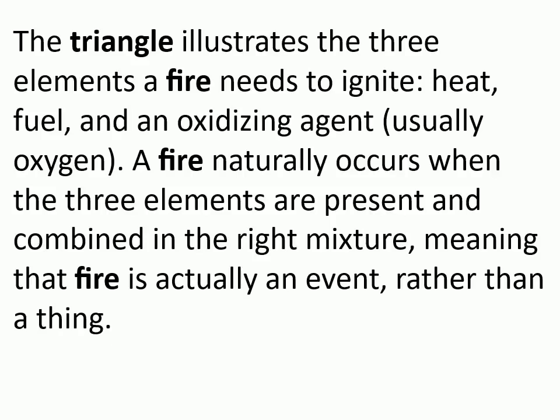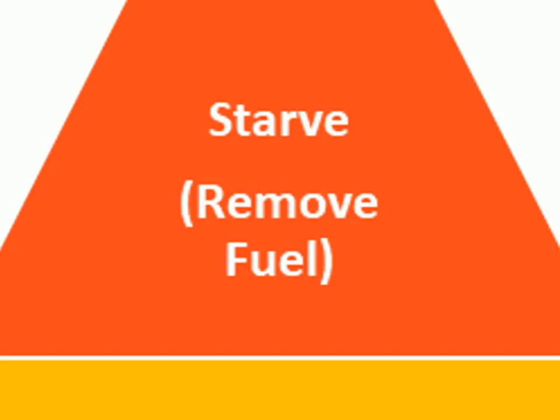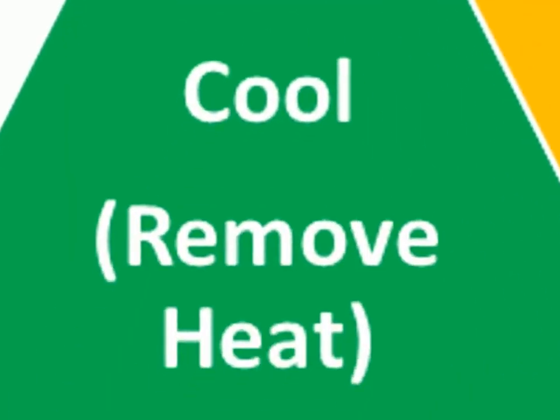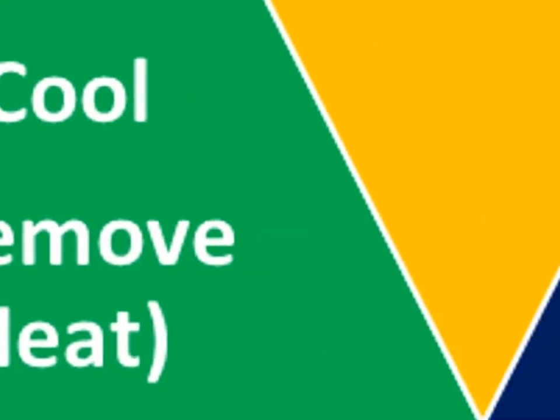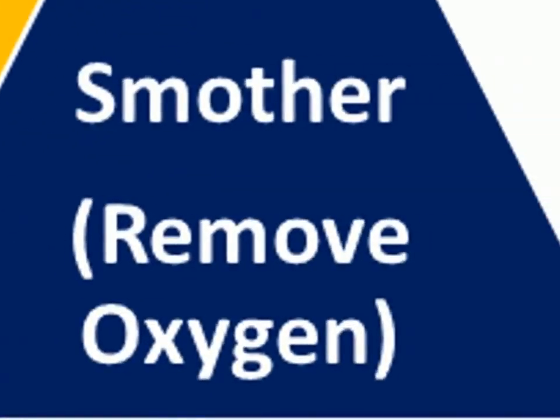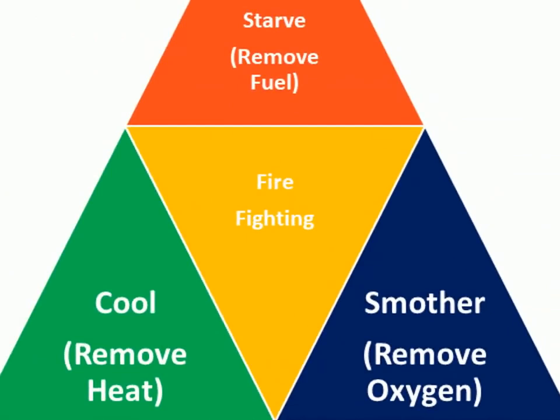A fire naturally occurs when the three elements are present and combined in the right mixture, meaning that fire is actually an event rather than a thing. Extinguishing fire. Starving: removing fuel. Cooling: removing heat. Smothering: removing oxygen.